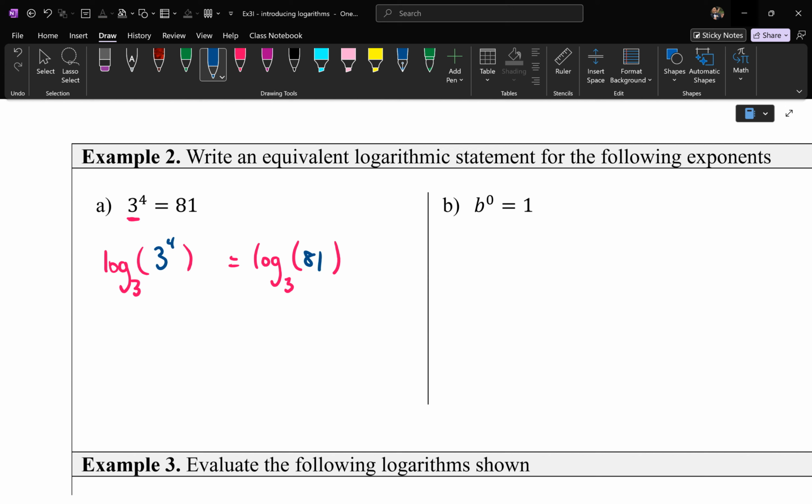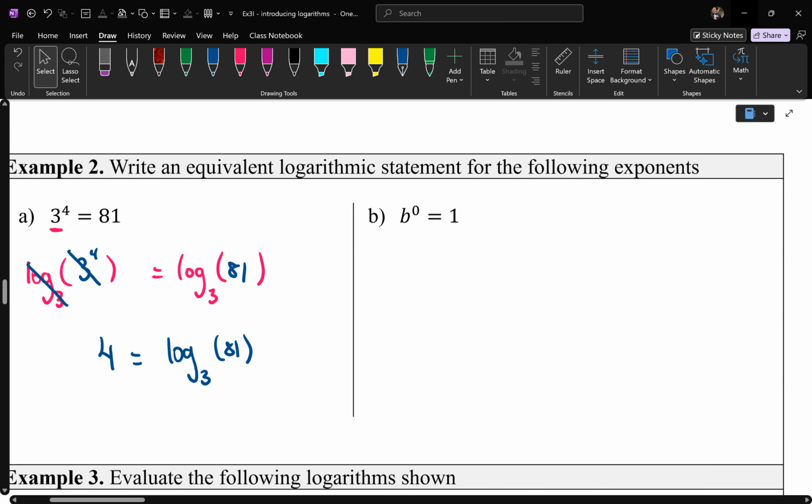On the right, I've got 81. See how I'm balancing the equation? The opposite of exponents is log. That's base 3, that's base 3. These two are inverses. They're going to cancel out. This one, that's what I'm trying to figure out. So this cancels out. 4 equals log base 3 of 81. So if you did log base 3 of 81 on your calculator, it should equal 4.